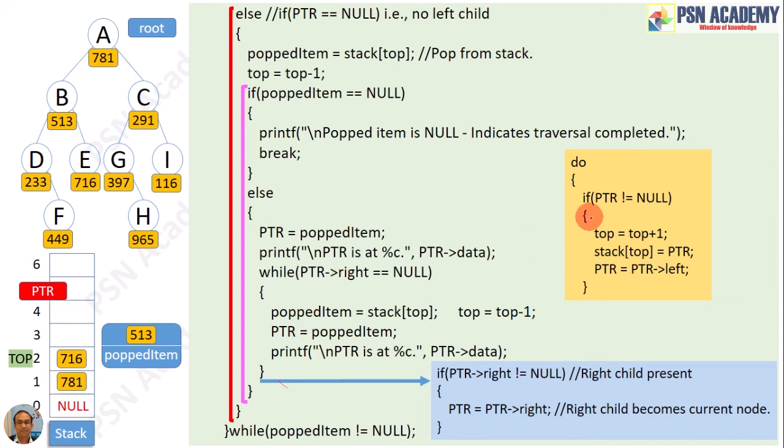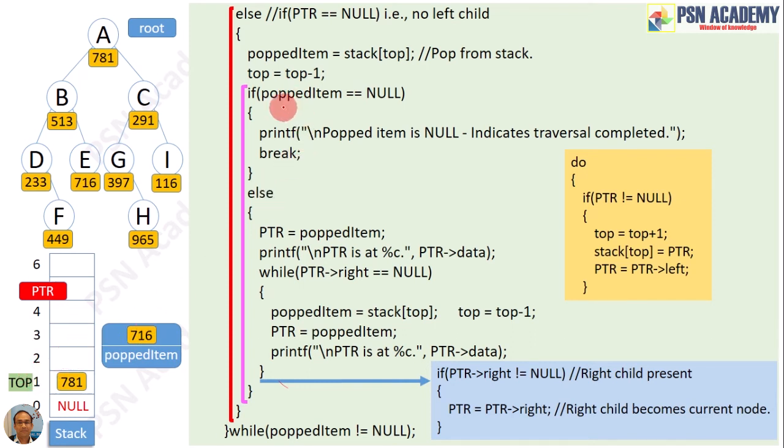This time, this if block will not be executed because ptr is null. So this else block, that is a red block, will be executed. Within this red block, the first statement is pop item from stack and store inside popped item variable. So the topmost element is 716. 716 comes over here and top goes down.